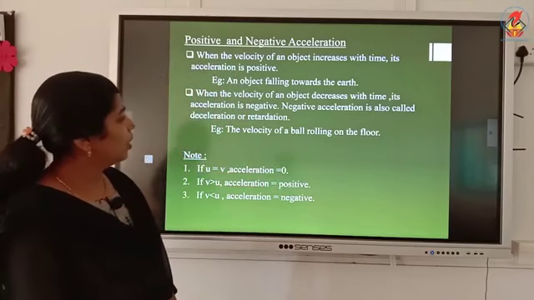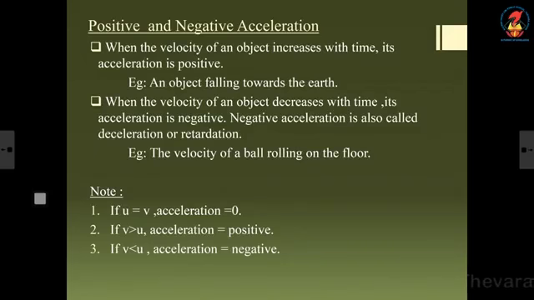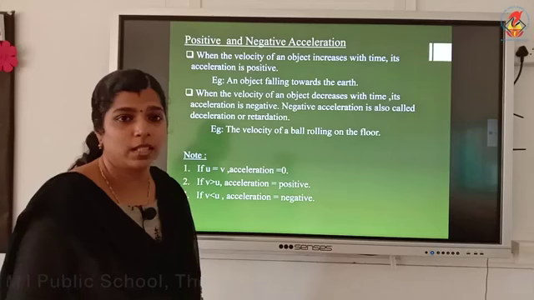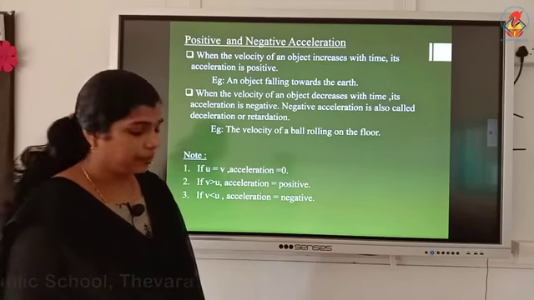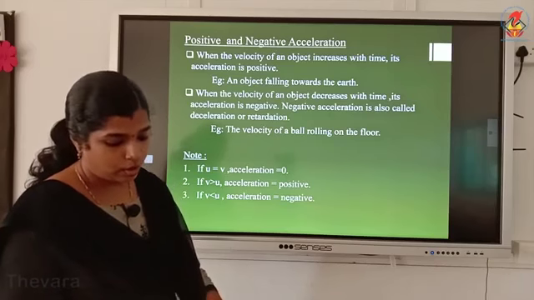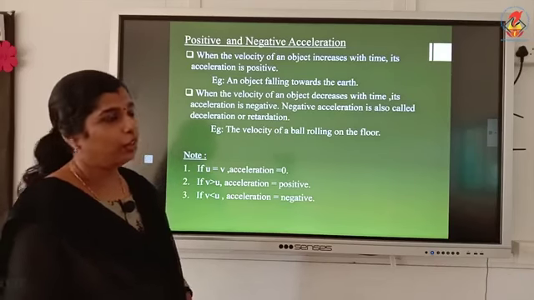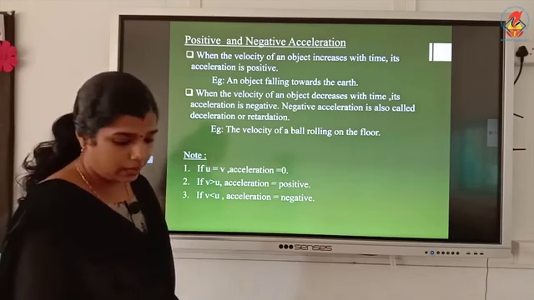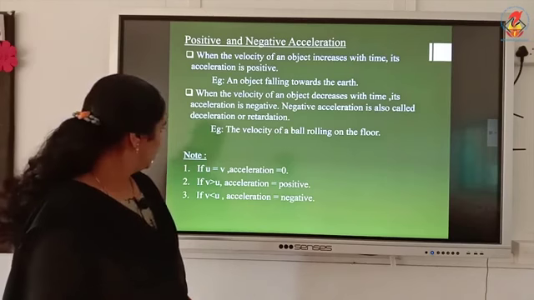Then next one, the velocity of an object decreases with time. It's known as retardation or deceleration or negative acceleration. If the velocity of an object is decreasing with time, then it is known as deceleration or retardation or negative acceleration.